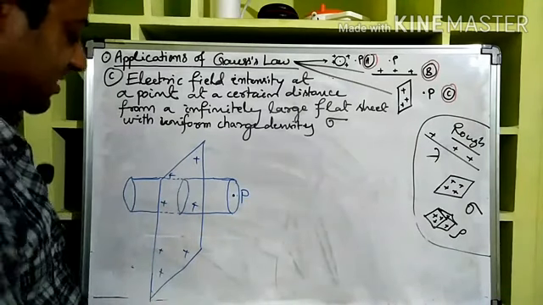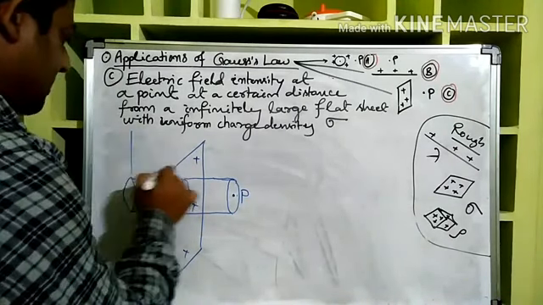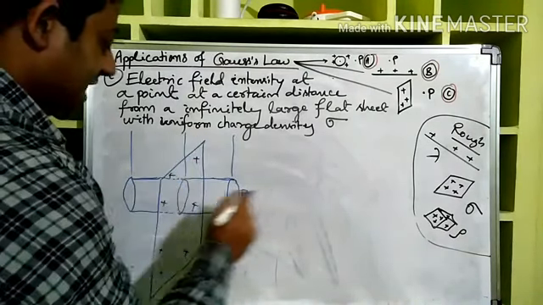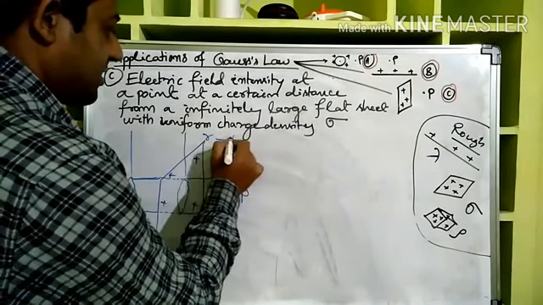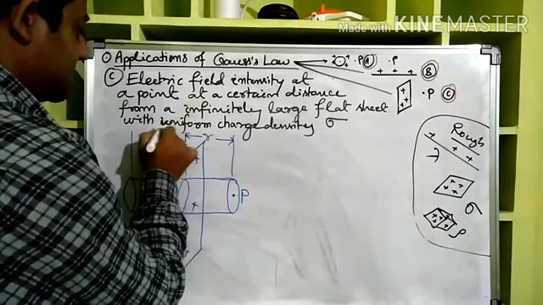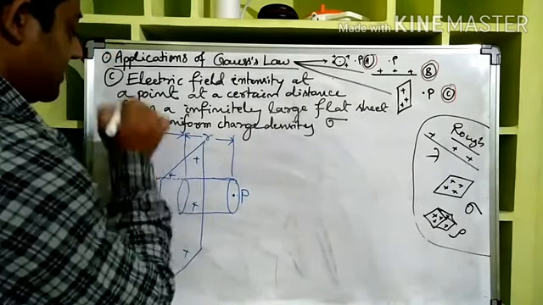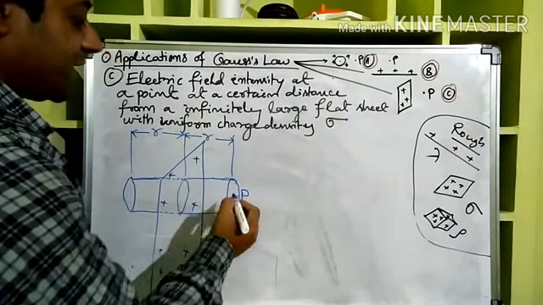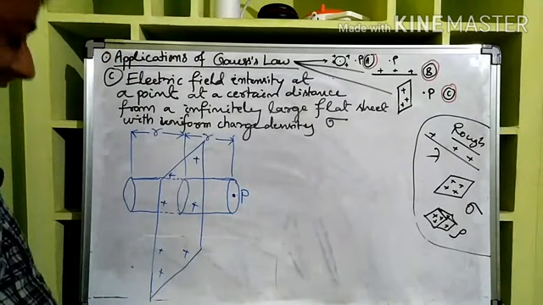Let us imagine a surface like this, from here to the flat sheet to this, at a distance r from the sheet. So this is r, this side also is r. Imagine a sheet like this, and at point P we are going to find out the electric field intensity.